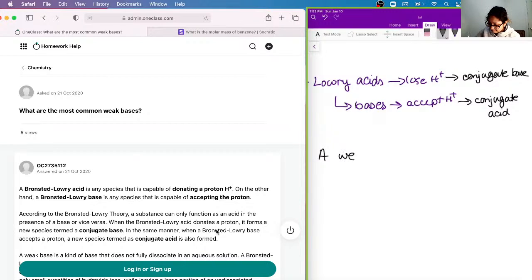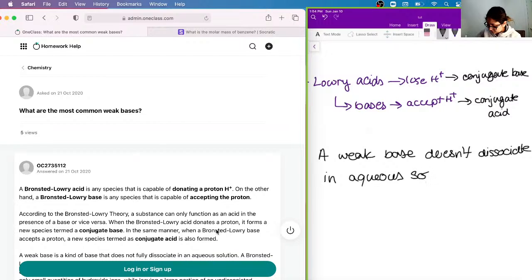A weak base does not dissociate in aqueous solution completely. So that's why it's weak. It doesn't have the ability to dissociate completely into its ions in an aqueous solution.